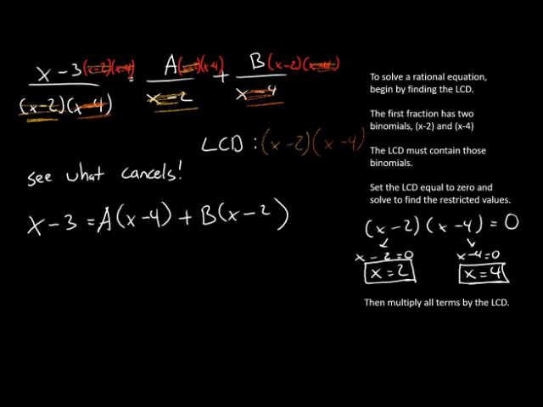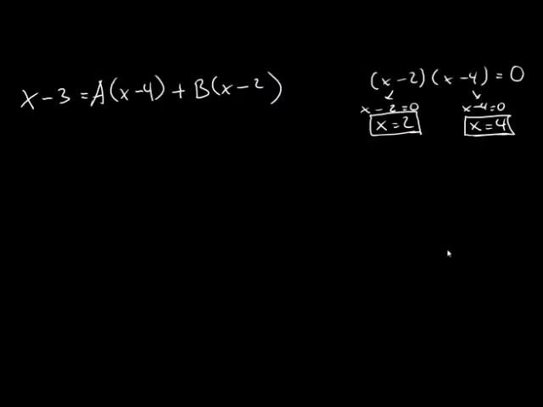Now we'll use our new equation and the x's we found from the LCD, x equals 2 and x equals 4, to attempt to solve for A and B. We're going to begin by plugging in one of the x's we found.